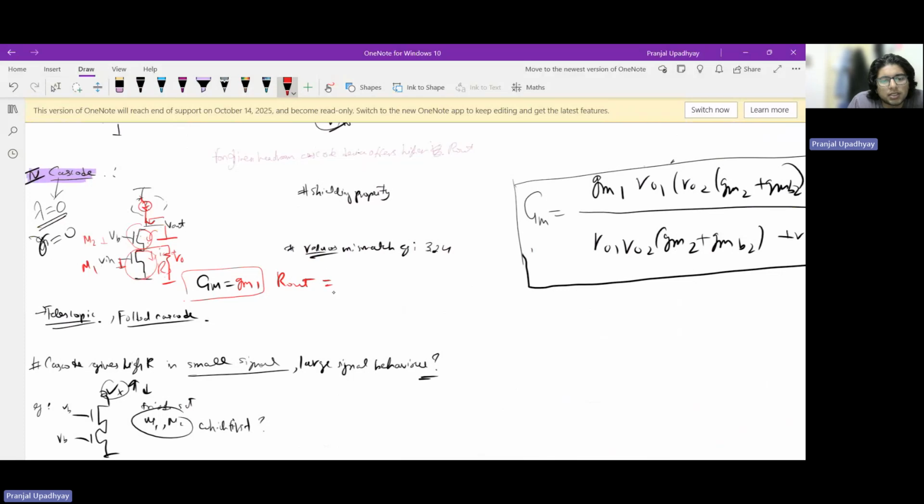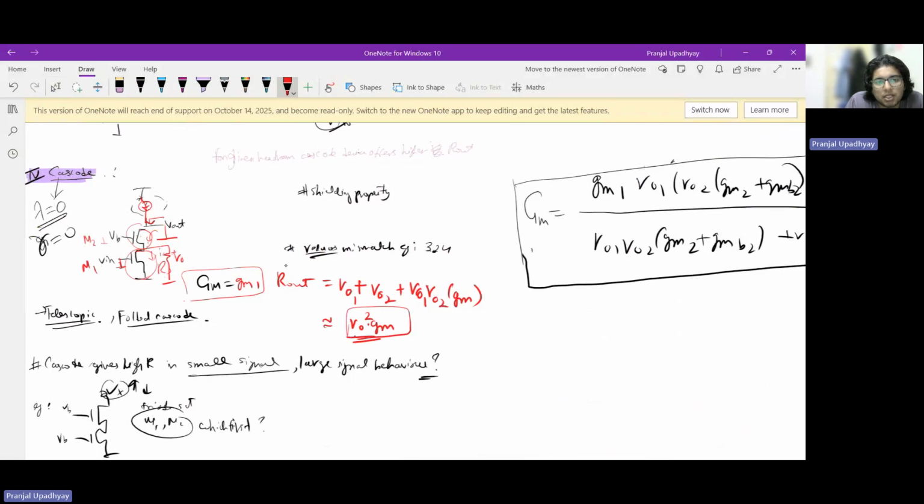Now, if you recall the resistance seen at a drain, it is R naught 1 plus R naught 2 plus R naught 1, R naught 2 times GM. So this is approximately R naught square GM if R naught 1 and R naught 2 are equal, because we know that R naught is a large value, which means R naught square is much, much greater than R naught 1 and R naught 2. So this is the approximate value.